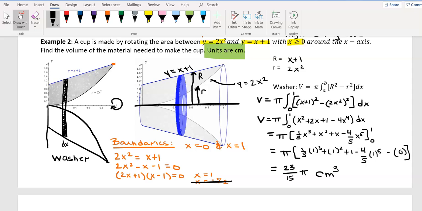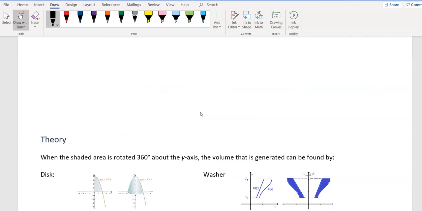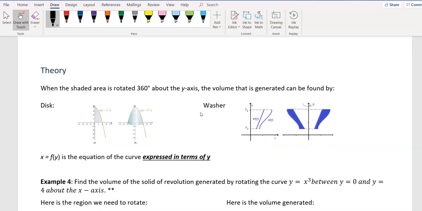When rotating something around the x-axis, I visually see something that looks tipped over on its side. So in this example, too, to me it looks like the cup is turned over on its side. And if it were to be filled with water, the water would be coming out. When rotating something around the y-axis, however, so going to the next page in your notes where it says theory, now we're talking about rotating things around the y-axis.